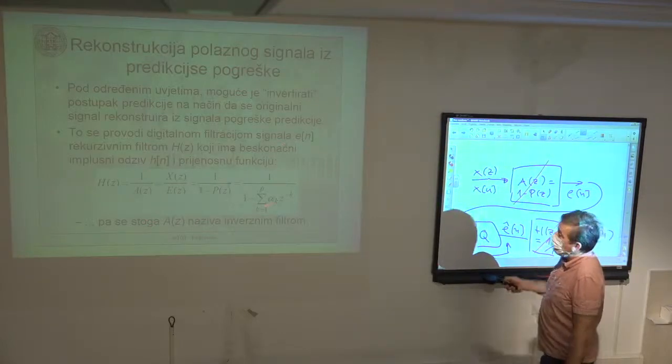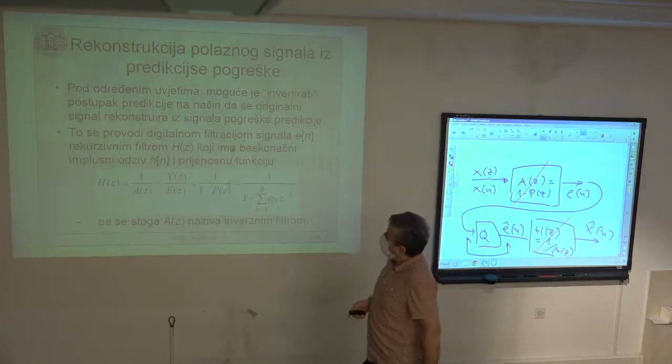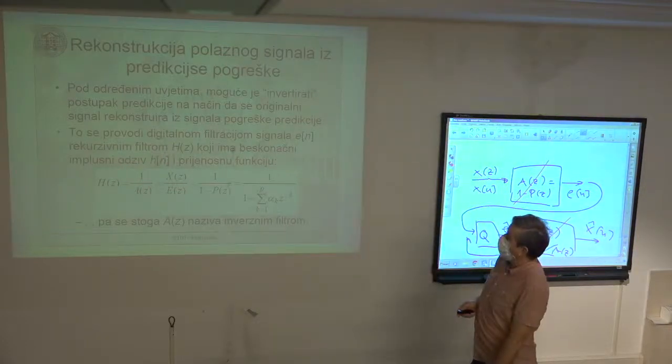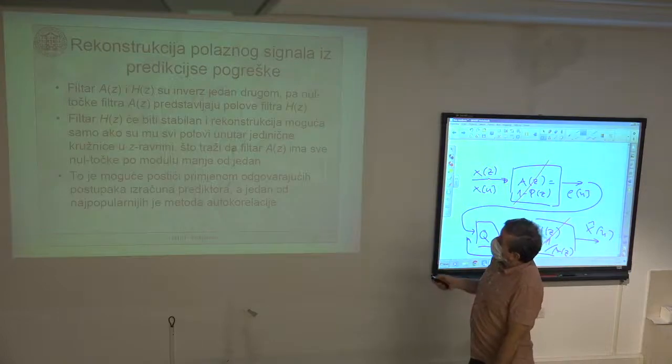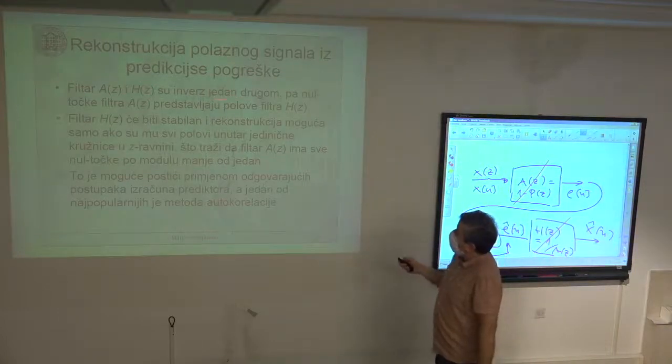What it does, it computes the prediction residual from the input signal. And then by passing this quantized prediction residual through H of z, I get the approximation of the original signal. So it says here filter A of z and H of z are inverse one to the other.